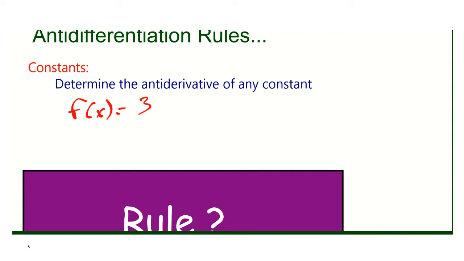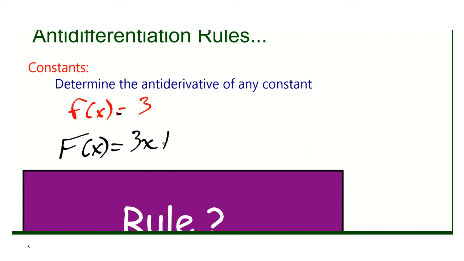Well, thinking of the rules that we know for differentiation, sometimes students say, well, isn't this the derivative? No, it's just some function. But make sure you don't call the antiderivative the same thing as the original. A common notation you'll see is if this is lowercase f, call its antiderivative capital F of x. Well, how about if I had 3x and took the derivative of 3x? It's just 3.